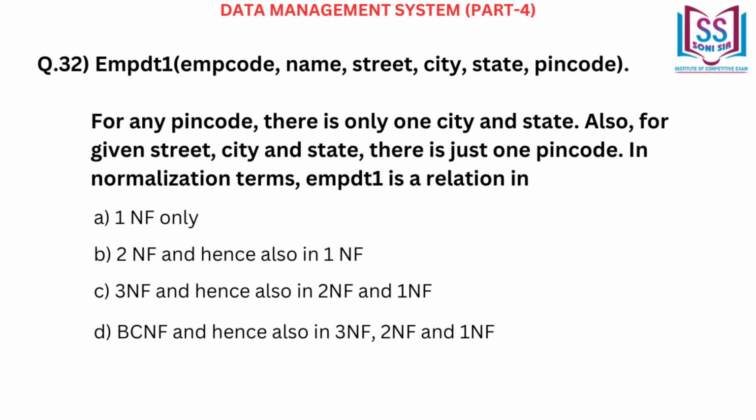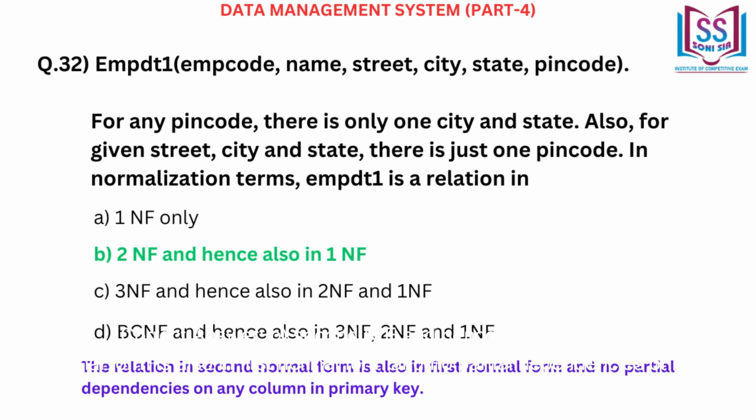B. Second NF and hence also in first NF. C. Third NF and hence also in second NF and first NF. D. BCNF and hence also in third NF, second NF and first NF. Correct answer B. Second NF and hence also in first NF.